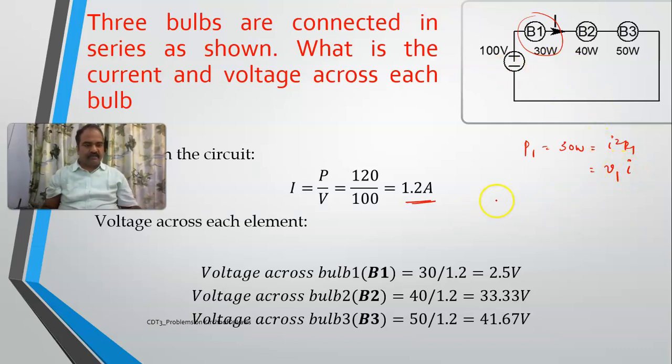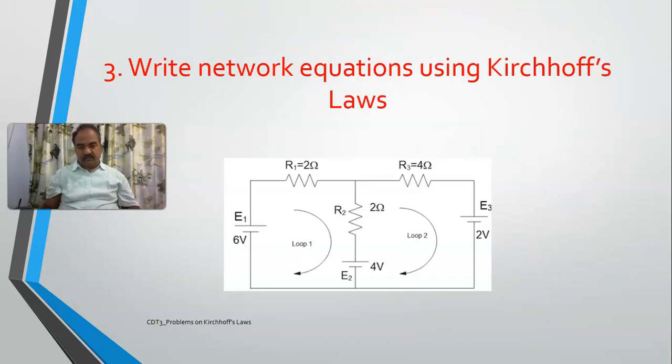So what is V1? P1 by I. What is P1? 30 by 1.2. So it is 25 volts. For next one, 40 by 1.2, it is 33.3. Next is 41.67. Understand? So this is the easiest way how we can employ KCL and KVL.